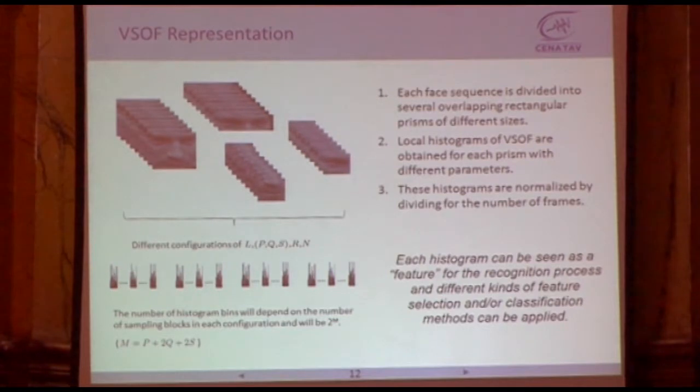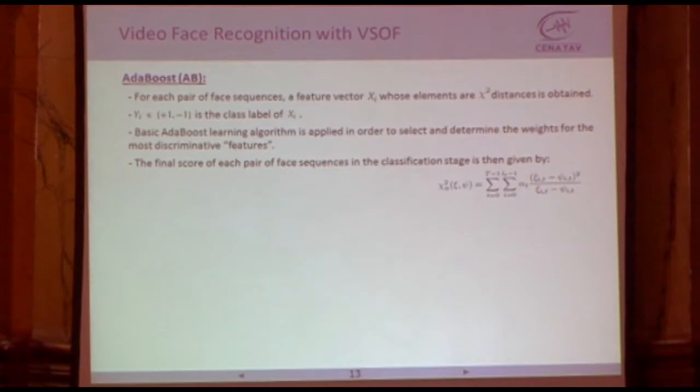Having all these histograms for each of these cubes, every histogram will be a feature for the recognition process, and then different kinds of feature selection or classification methods can be applied. A straightforward approach was using the AdaBoost method, the same as with the extended set of volume LBP features.